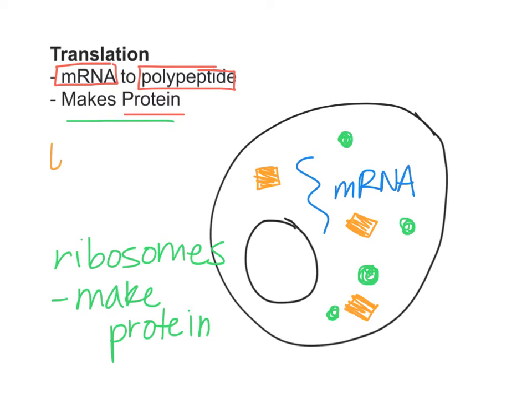Okay, but this tRNA floating around in the cytoplasm stands for transfer RNA. So this RNA is going to help us transfer something during the process of translation. So out here in the cytoplasm, we have all this mix of different components, the mRNA, the ribosomes, the transfer RNA, and they all work together to make translation happen.